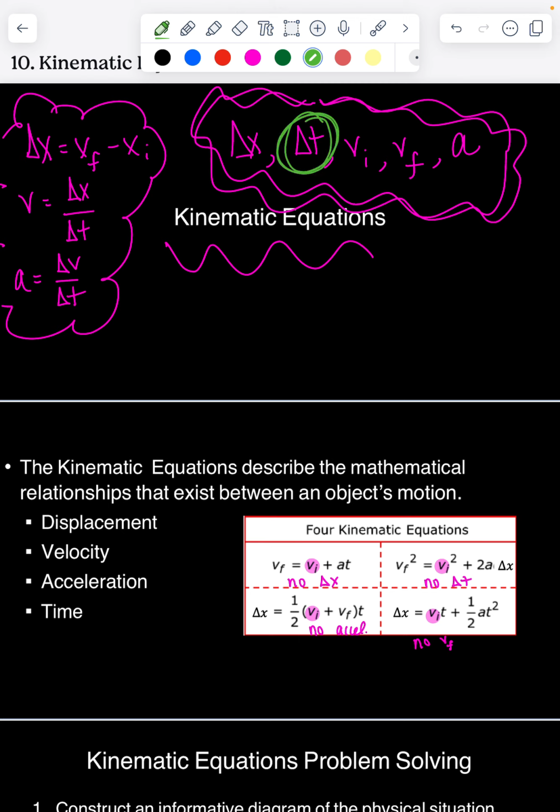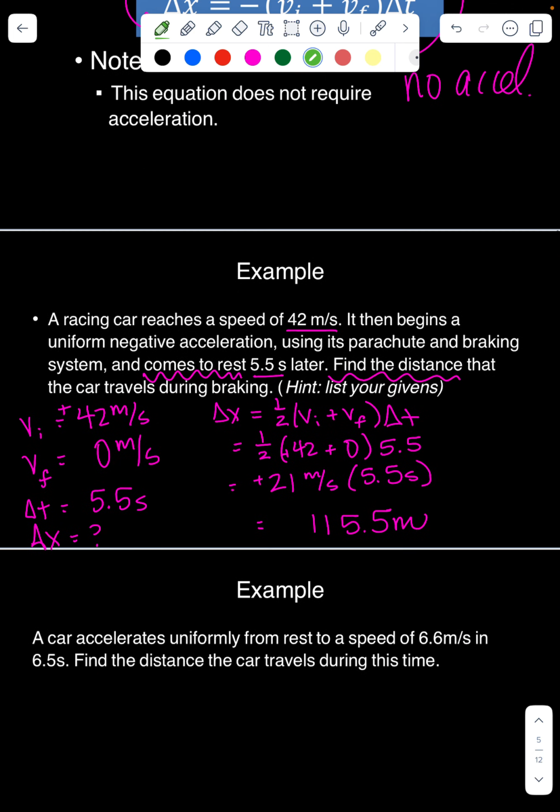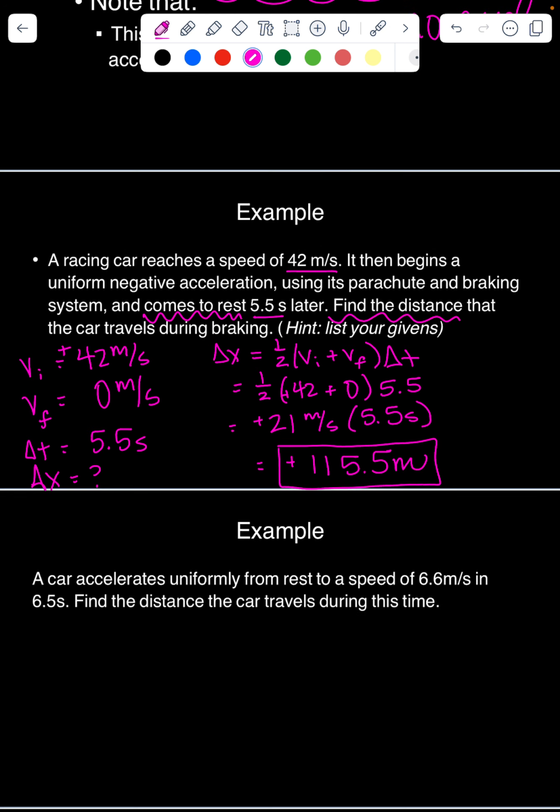So unless you are solving for time, your answer has to have a direction to it. Our displacement is going to have the same direction as our velocity, and our velocity is positive. So our displacement is going to be a positive 115.5 meters. All right, let's move on.